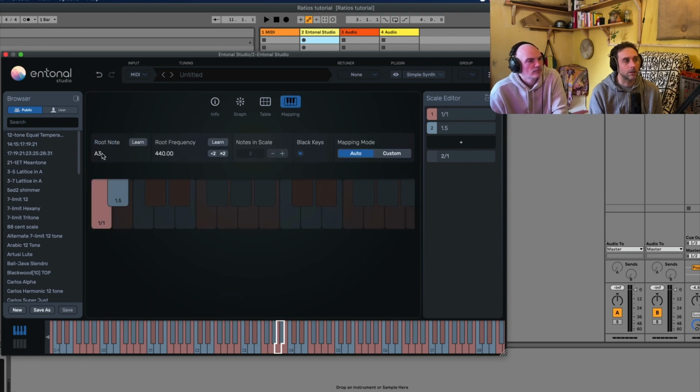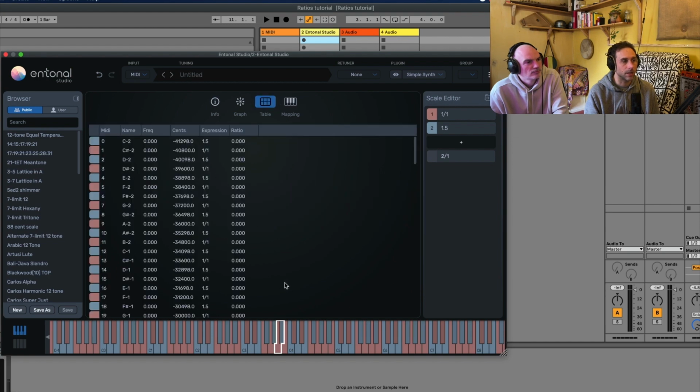We've got root note A, so we're starting at the A. The root note is A, the root frequency is 440 hertz. Let's see what that means.